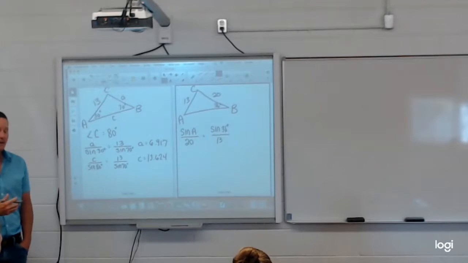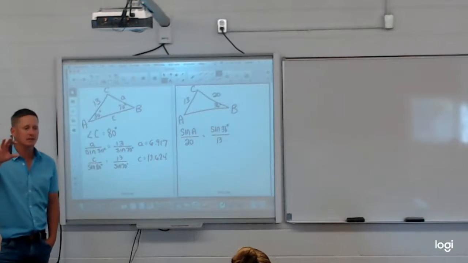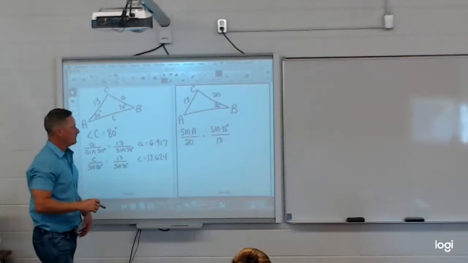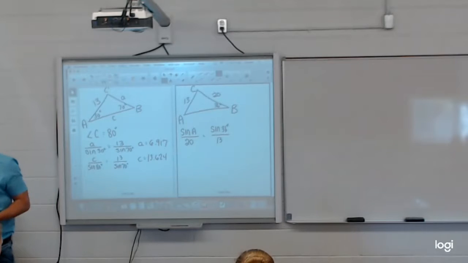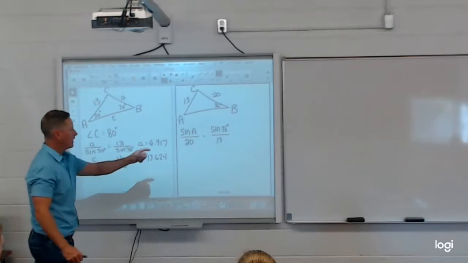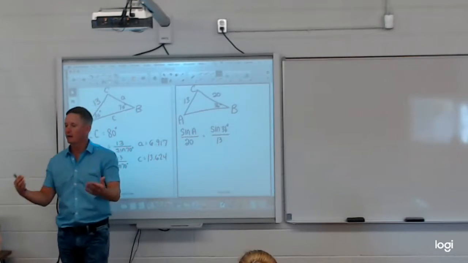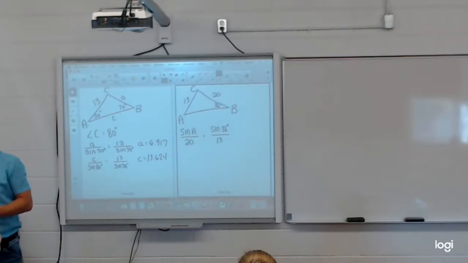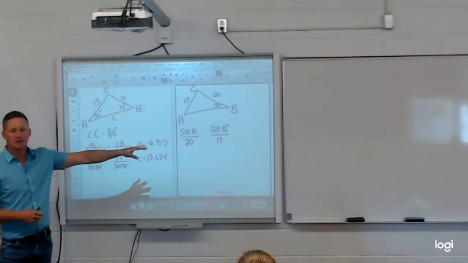So, in your case right now, on the calculator you're using, some of you may want to listen to this. If you have your graphing calculator, the first thing you punch in is second function sine. It will open a bracket for you, and then you put 20 times sine 36 divided by 13, close the bracket. It'll do it all for you in one quick step. So some of you, that's an option.